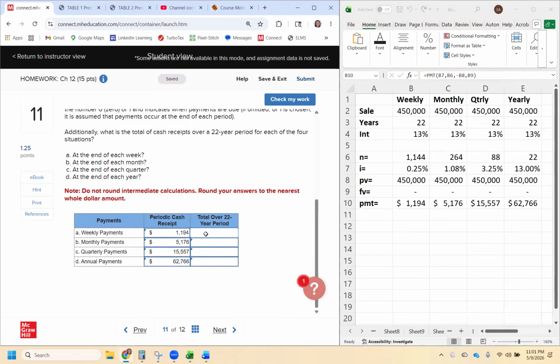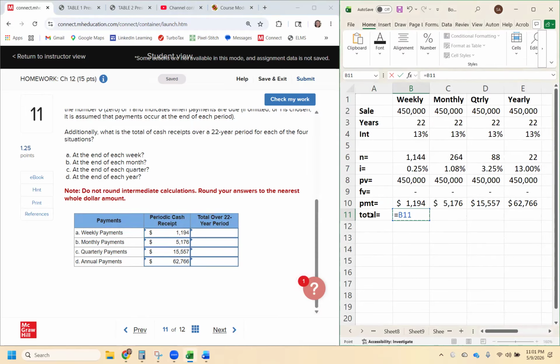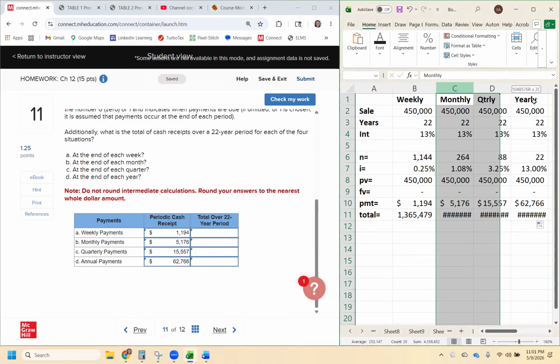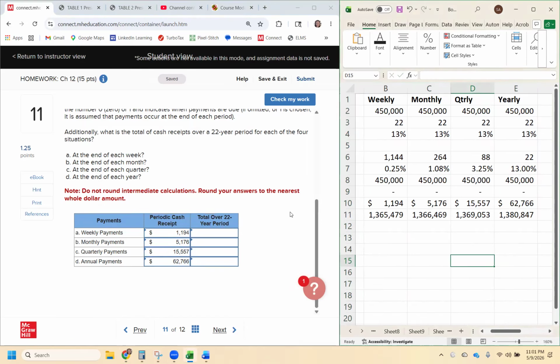And then how much will we get in total over the 22-year period? Well, total. Okay, so we'll get that much times that many payments. $1 million. These are all really high, aren't they? Oh, they're all pretty much the same. 1,365,479.